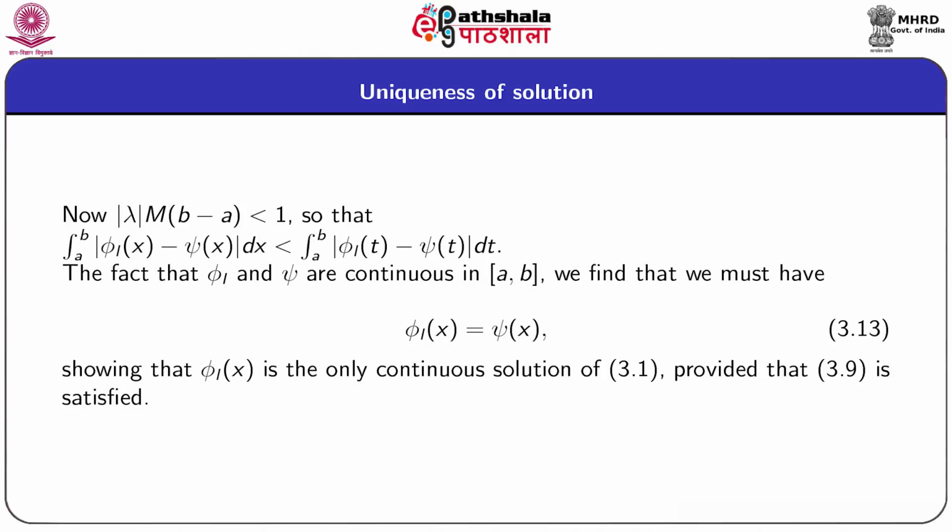So, using the fact that phi L and psi are continuous in the closed interval a b, we find that we must have phi L x equal to psi x, and this shows that phi L x is the only continuous solution of 3.1 provided condition 3.9 is satisfied. That means, we have proved the uniqueness of phi L x.